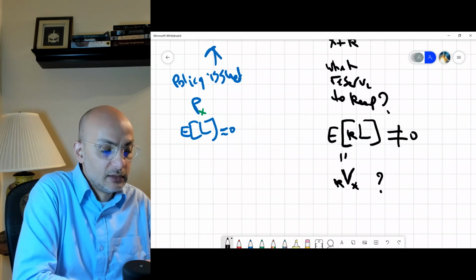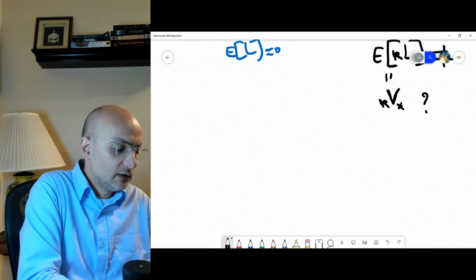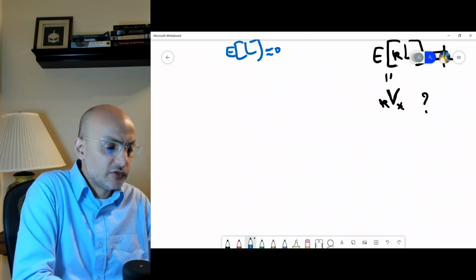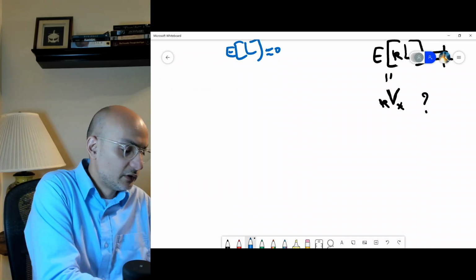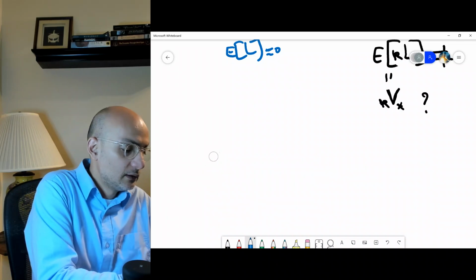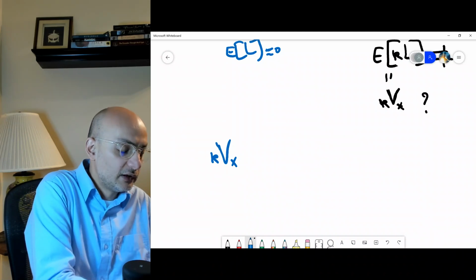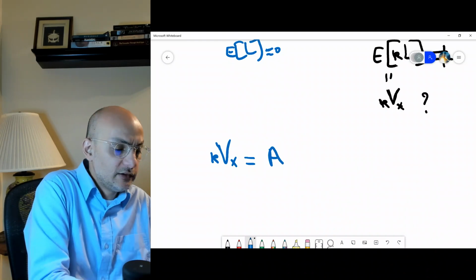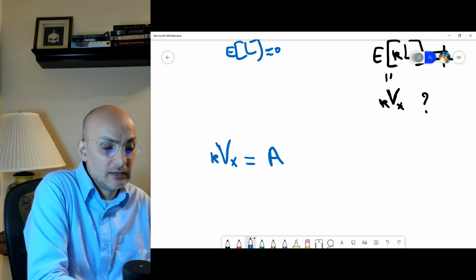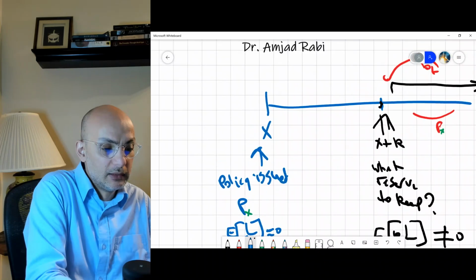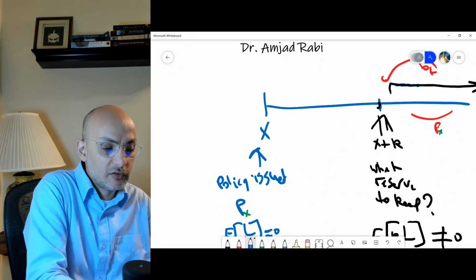What is it, right? We can use the same logic as we did for the continuous case. At time X plus K, we look at the V for the reserve, and we can look at the actuarial present value of the future benefits. From here for the future benefits, we don't care about the past.